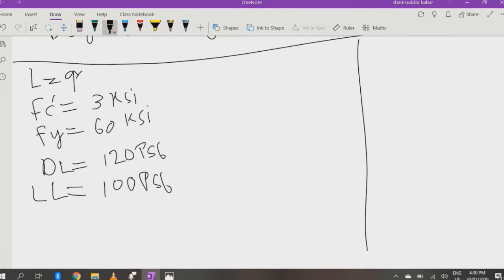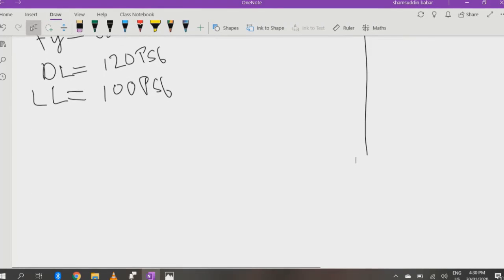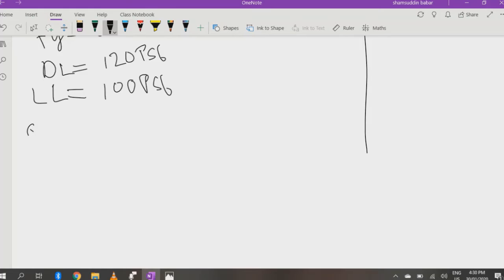Now what is my first step? My first step is to calculate d minimum.